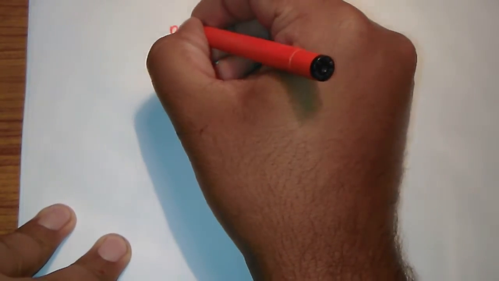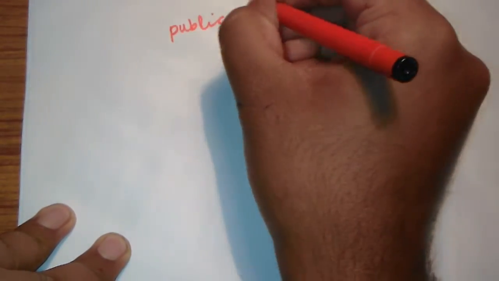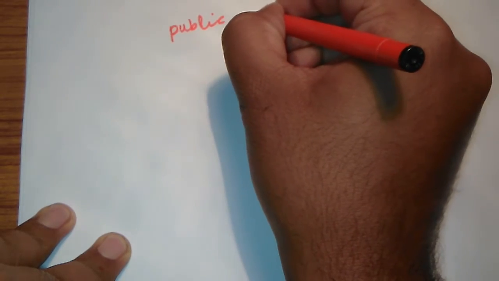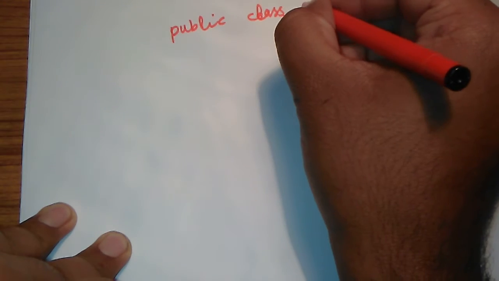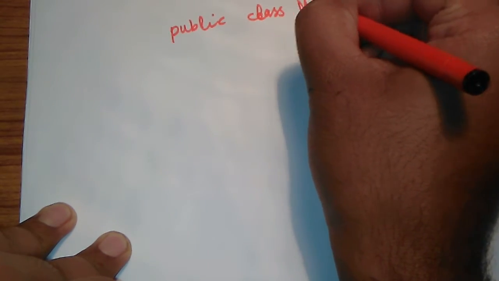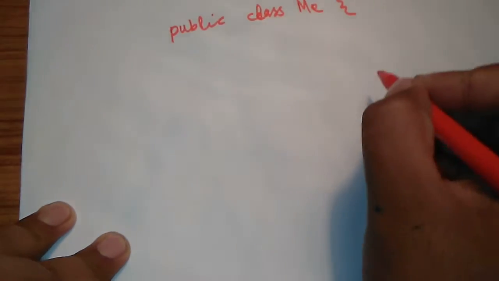For example, I'm going to write another code the same as before. I'm going to start the code the same way. You can see here public class, and I am going to name it.